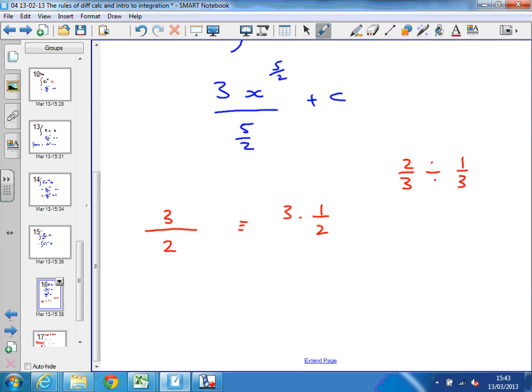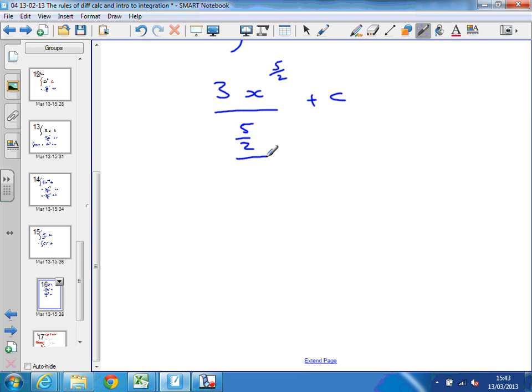Yeah, you invert the second fraction and multiply. And then you can do it, okay? What I'm doing in this particular case is dividing by a fraction. So this is what you always do in these cases: you invert the bottom fraction. So 5 over 2 becomes 2 over 5, and multiply.